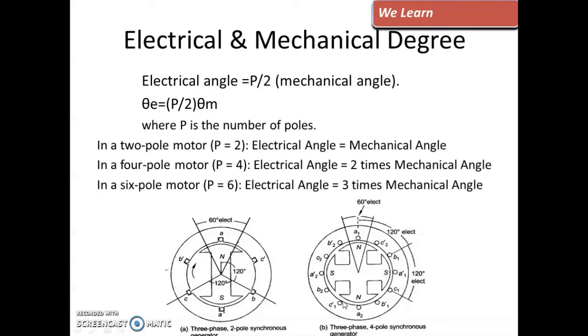If we take 8 poles, theta electrical will be 4 times theta mechanical, and hence we can come to the conclusion that electrical angle is P by 2 times mechanical angle, where P is nothing but the number of poles. So in a two pole machine, P is equal to 2, electrical angle is the same as mechanical angle. In a four pole machine, electrical angle is P by 2, that is 2 times mechanical angle. In a six pole machine, it is 3 times mechanical angle.